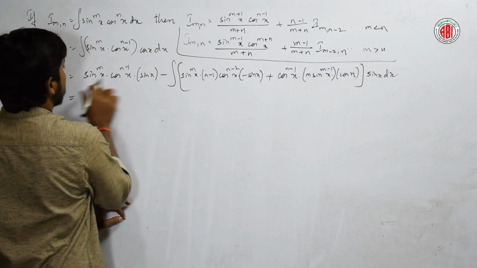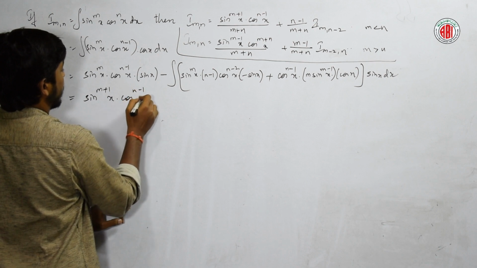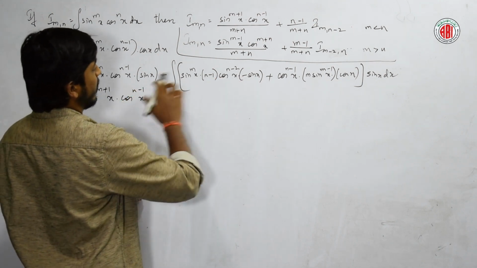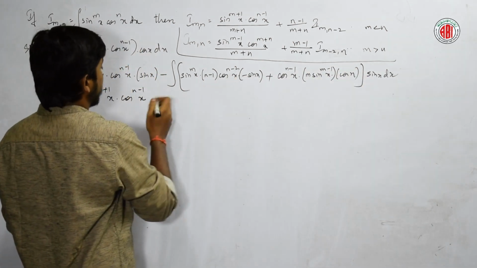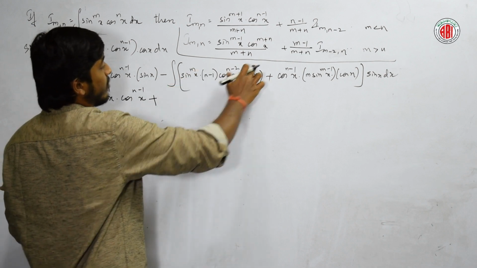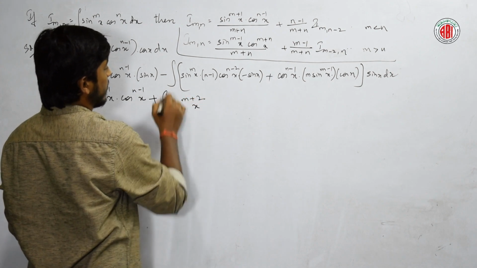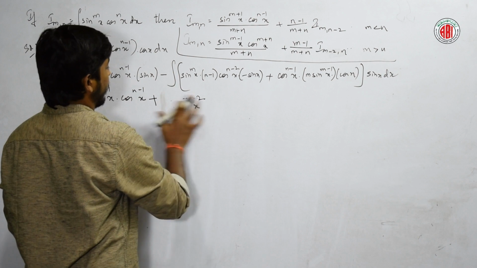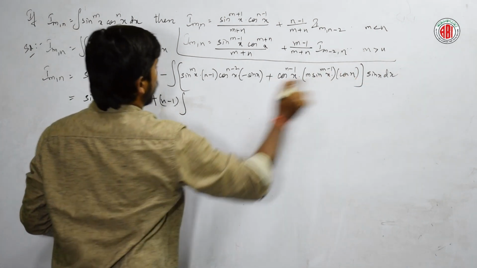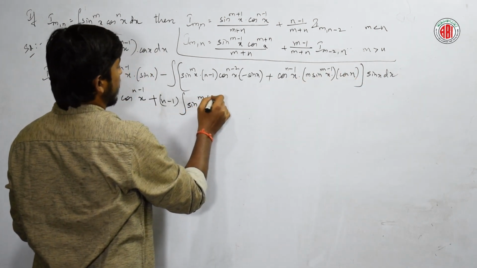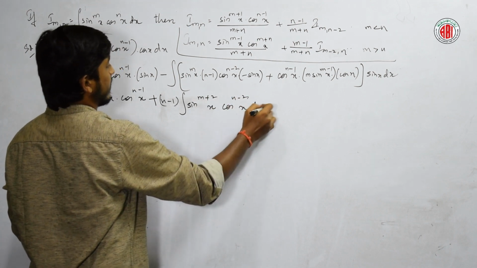Now, let us simplify this. What do I get? sin^m x into sin x, that is sin^(m+1) x into cos^(n-1) x. Now multiply everything, this term into sin, this term into sin. Is it okay? So, minus into minus plus: sin^(m+1) plus 2, that is sin^(m+2) x. Let me write n minus 1 first. n minus 1 into integral sin^(m+2) x cos^(n-2) x dx.